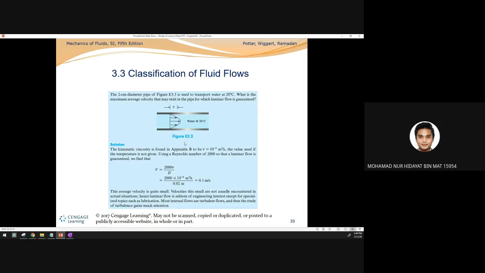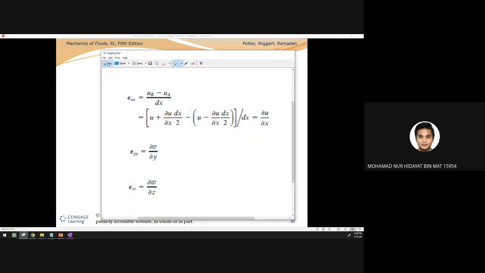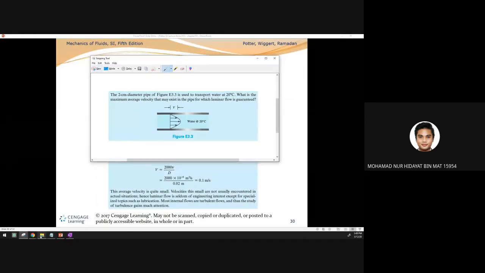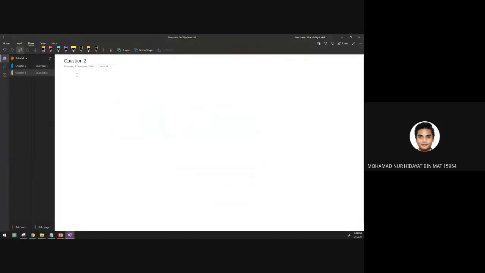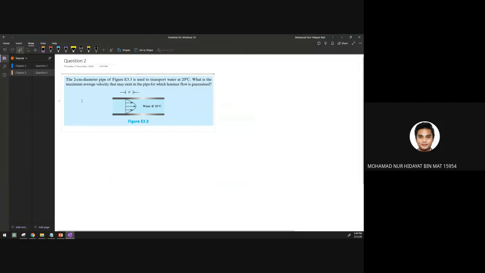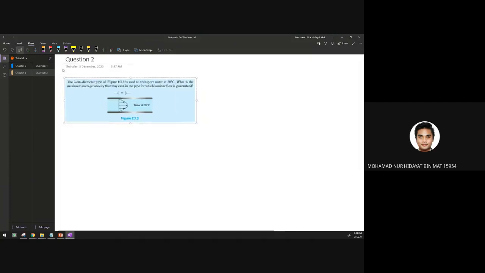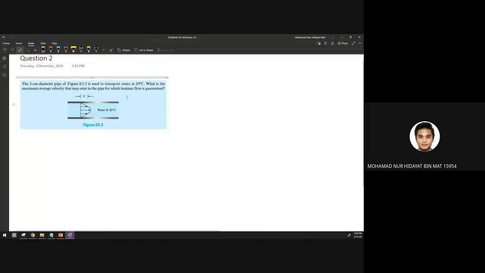Now we have a question. The question given: the 2 centimeter diameter pipe of the figure below is used to transport water at 20 degrees Celsius.